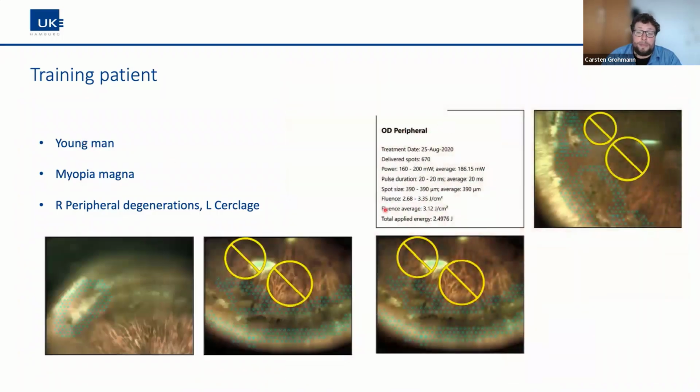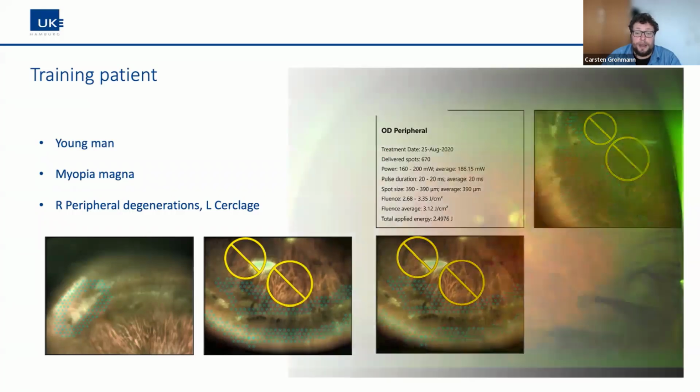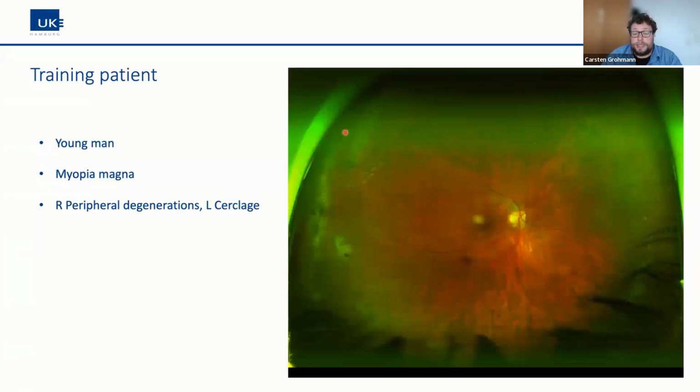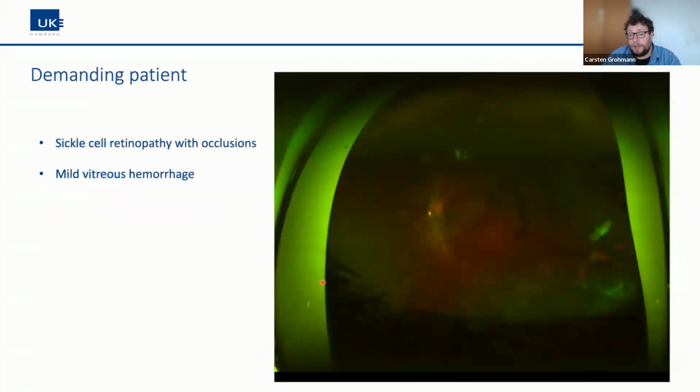So we did the planning using those parameters here with different area zones so that we secure every lattice degeneration over here, so that the patient is hopefully safe from getting retinal detachment on this eye. And here we can see the results, wonderful spots around the retinal degenerations over here.